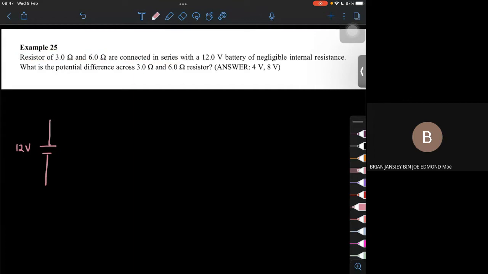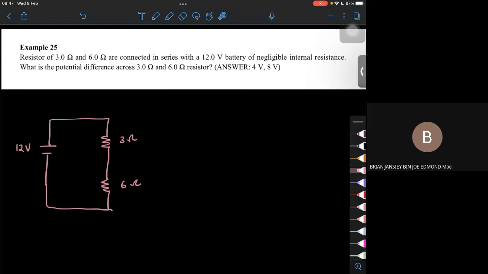So sama lah macam yang tadi tu. So here is 3 ohm, this one is 6 ohm. And then we want to find the potential difference across 3 ohm and 6 ohm. Okay, untuk yang belum tahu lagi, potential difference and voltage is the same thing, okay? Kamu jangan confuse lah apa beza potential difference, apa beza voltage.